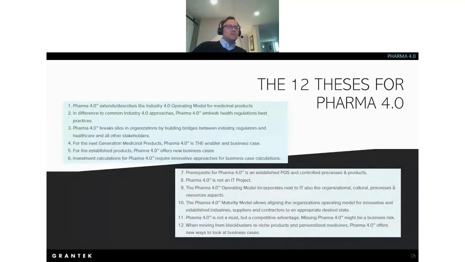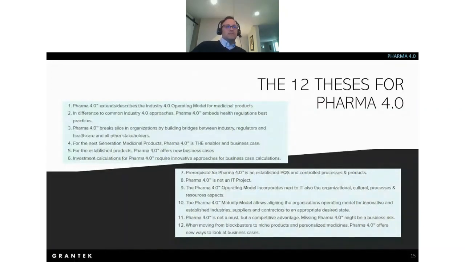The operating model allows for the realignment of an existing operating model to achieve an appropriate desired state. Pharma 4.0 is not a must. It's a competitive advantage. Not doing it might be a business risk. And when moving from blockbuster products towards niche products, Pharma 4.0 offers new ways to look at your business case.